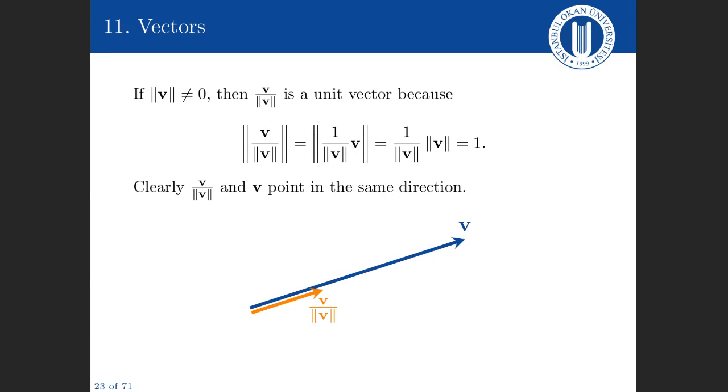To show this, I'm going to calculate the norm of v divided by the norm of v, which is the same as the norm of the number 1 divided by norm v, multiplied by v. Now you will remember that if we have a number multiplied by a vector and we take the norm, that's the same as the absolute value of the number multiplied by the norm of the vector.